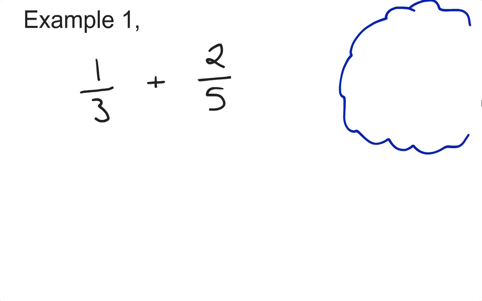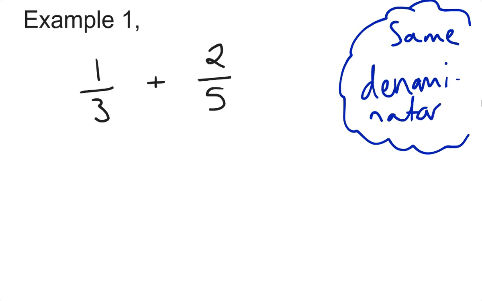We can only add fractions if they have the same denominator, which is the number on the bottom. As you can see, these two don't have the same number on the bottom. So I need to think of an equivalent fraction for this fraction, and an equivalent fraction for this fraction, so that they have the same number on the bottom.